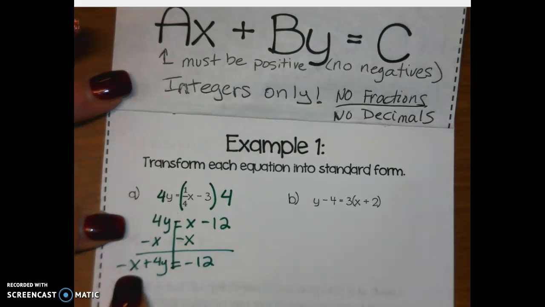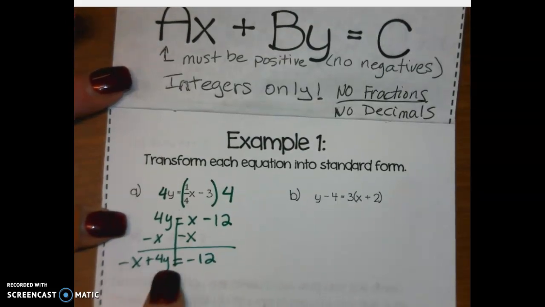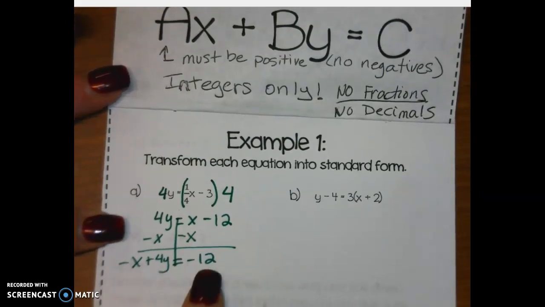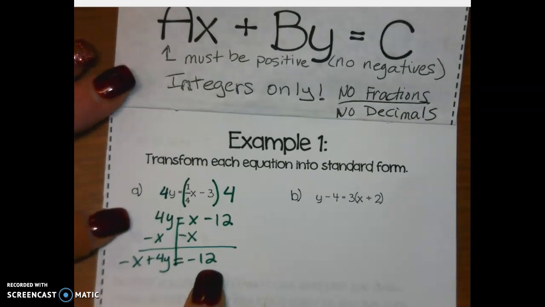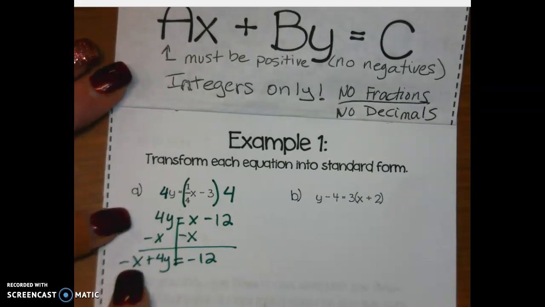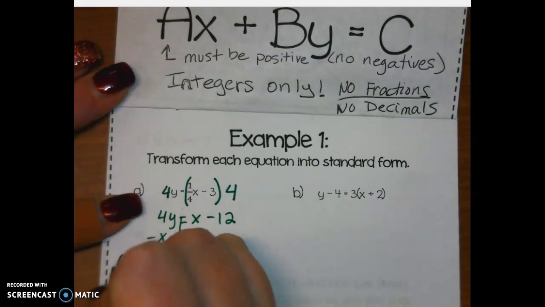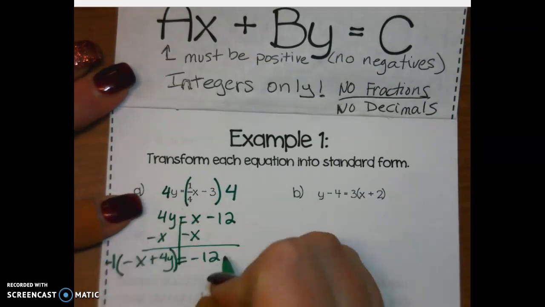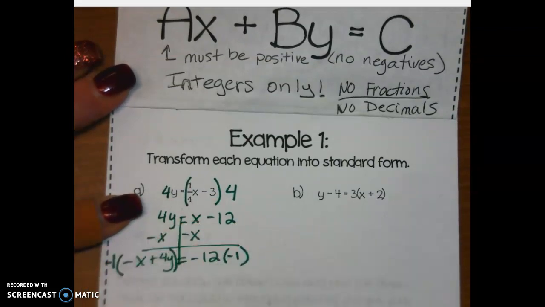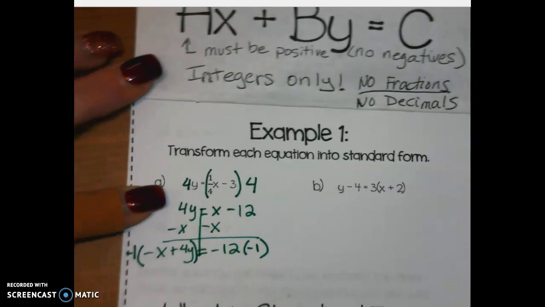Well, you're going to want to tell me that, hey, you've got x, you've got y, and you've got a constant. Well, unfortunately, that's not finished because A cannot be negative. So I have to multiply by negative 1 on both sides. I have to change the signs of everything.